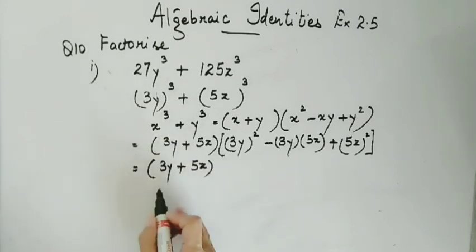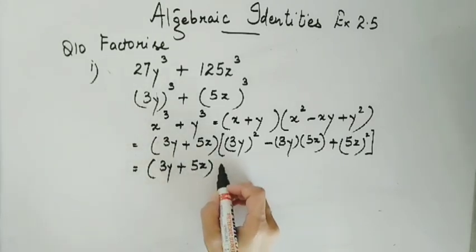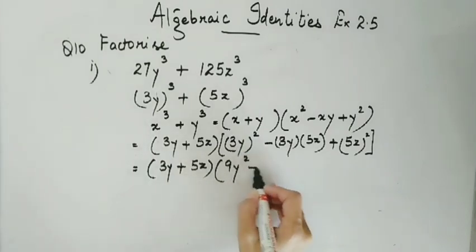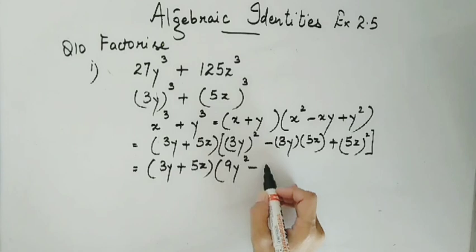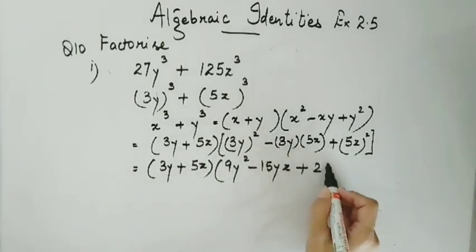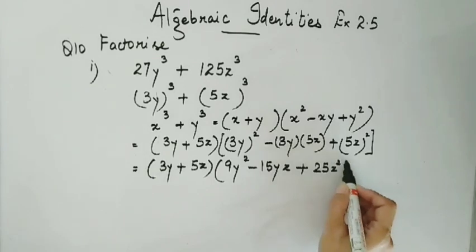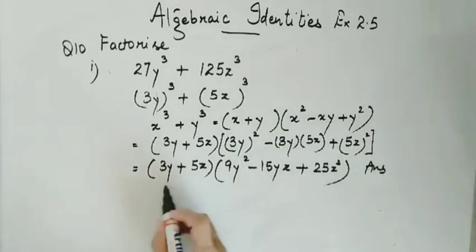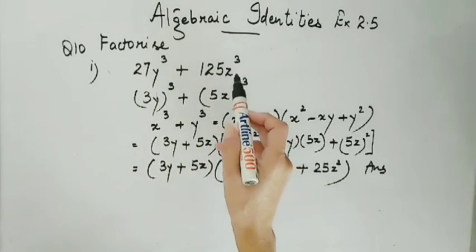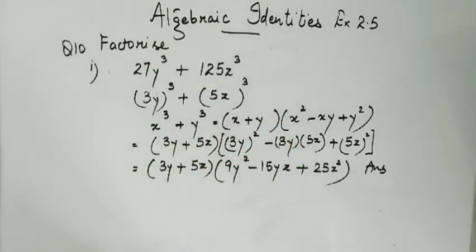So first factor 3y plus 5z remains as such. This would be 9y square minus, what's the product of these two? 15yz plus 25z square. So these are two factors obtained after factorization of 27y cube plus 125z cube. I'm sure this must be clear.